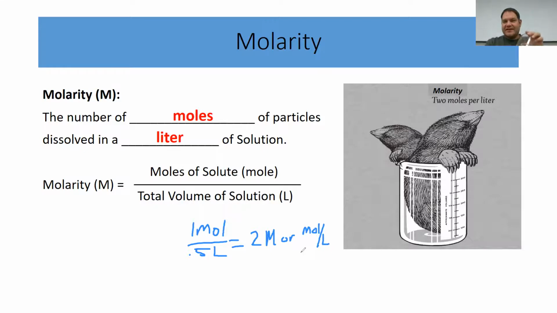So if I have 500 milliliters, which is 0.5 liters, and I put the 1 mole of my substance in there and dissolve it, then my solution concentration is going to be a 2 molar solution, or 2 moles per liter. Hopefully that makes sense.